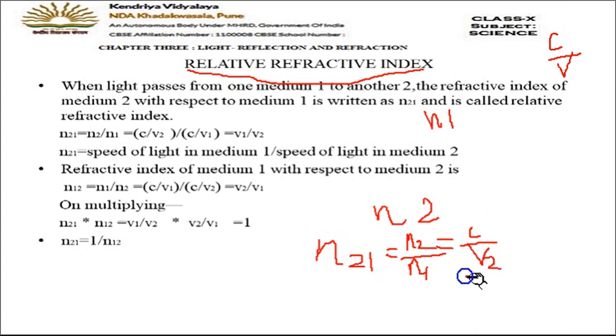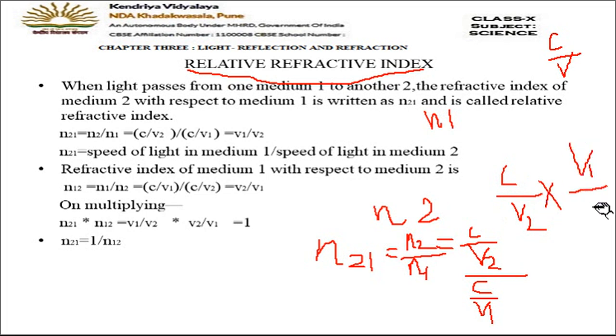Now putting the value for the refractive index of medium 1, again this will be c upon v1. When this goes up, it becomes c upon v2 multiplied by v1 upon c.